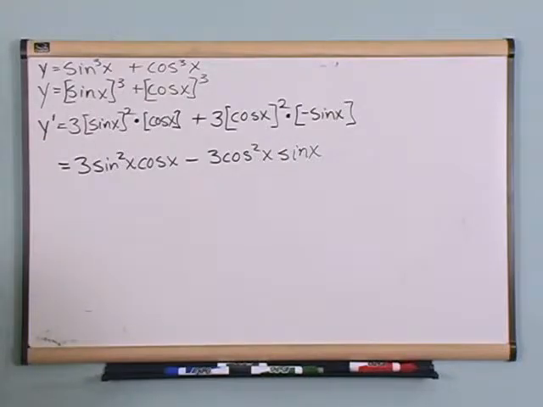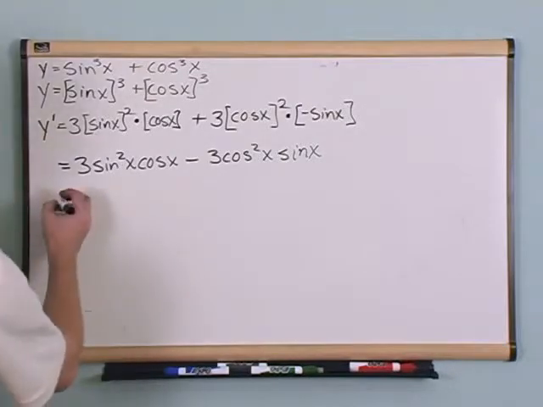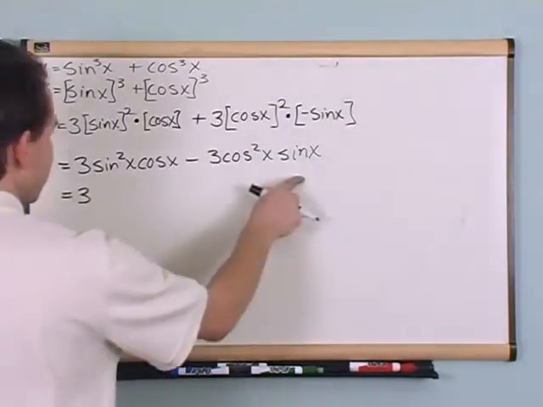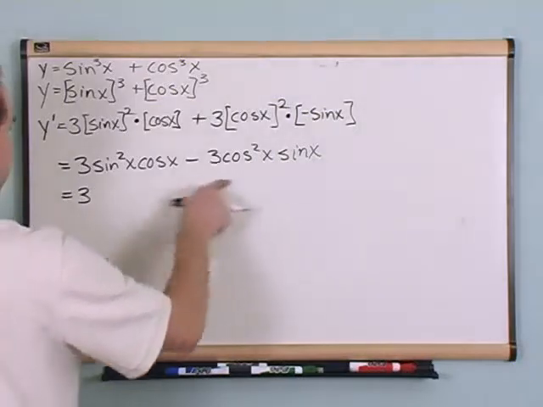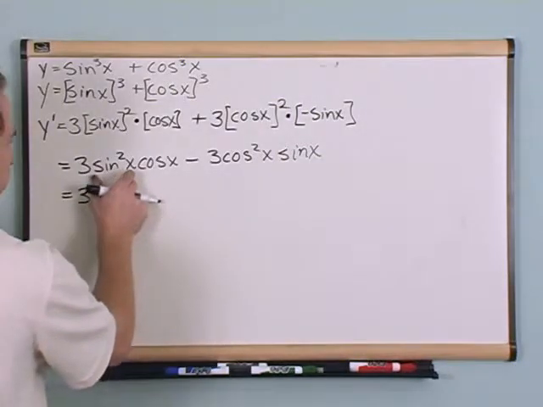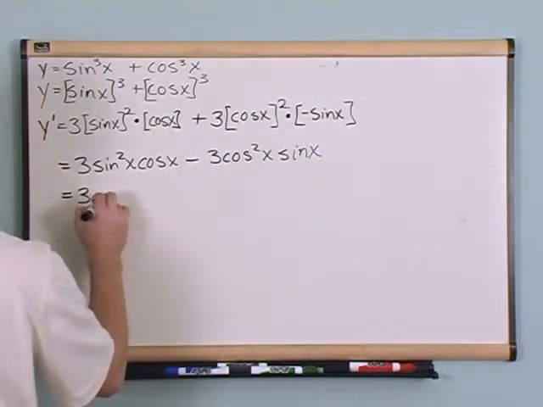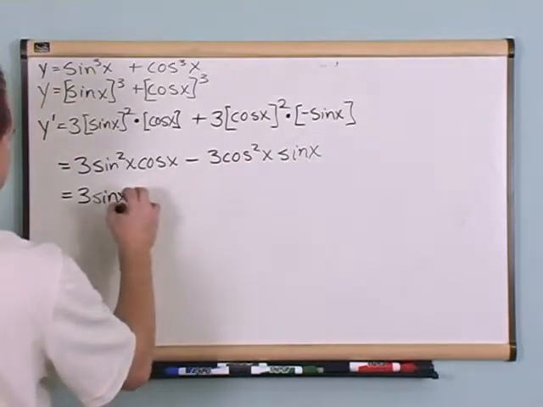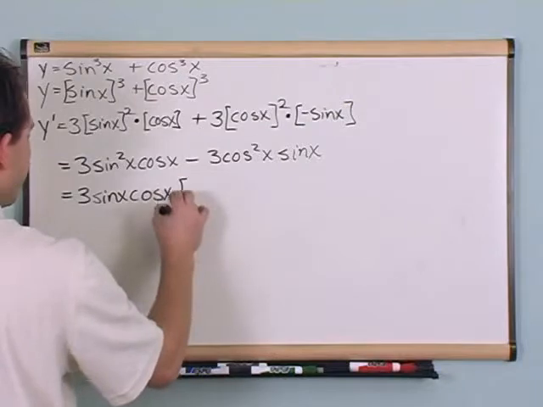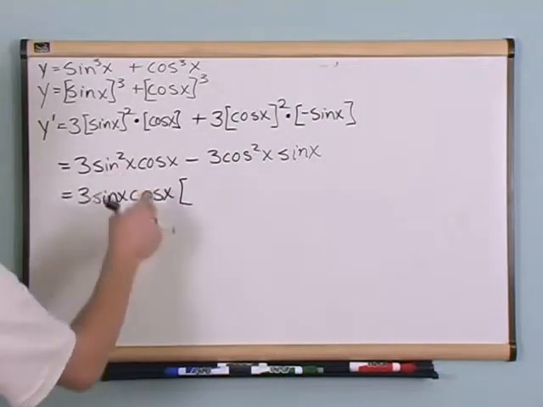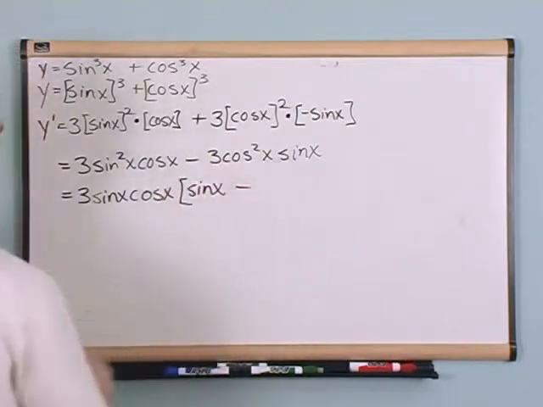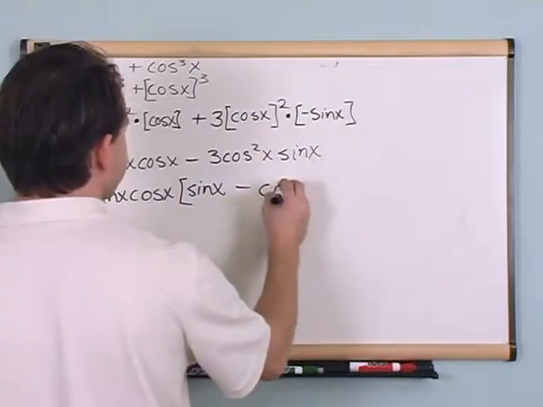Now, this isn't too much of a simplification, but you can factor it a little bit further, and you can pull out of this what's common to both terms. Well, 3 is common, okay, I've got sine squared here, and I've got sine, so I can pull out 1 sine of x here, and I've got a cosine here and a cosine squared, so I can pull out another cosine of x here. And on the inside, what I'll have for this first term is just sine of x, okay, and for the second term is just cosine of x.